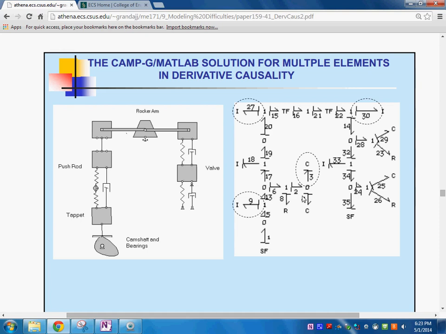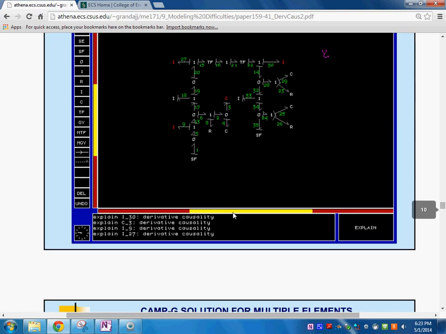So if you have it like this, with four derivative causalities at once, doing the problem by hand is not going to be pleasant. So if you put it into the CAMG software, it predicts all three, no problem.